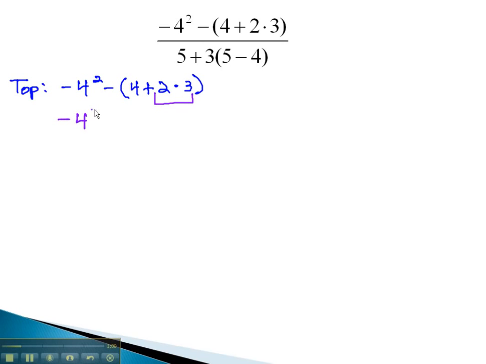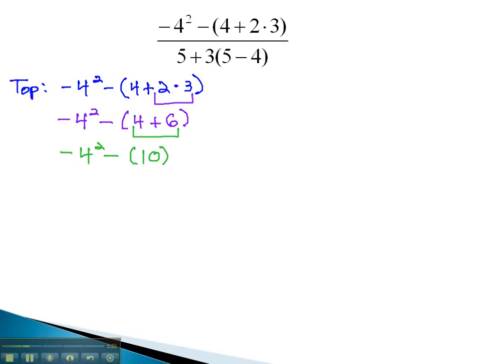Now we have negative 4 squared, or the opposite of 4 squared, minus (4 plus 2 times 3, which is 6). Continuing in those parentheses, we simplify the 4 plus 6. So we have the opposite of 4 squared minus 10.